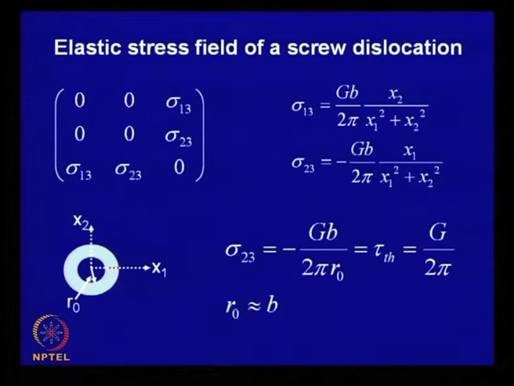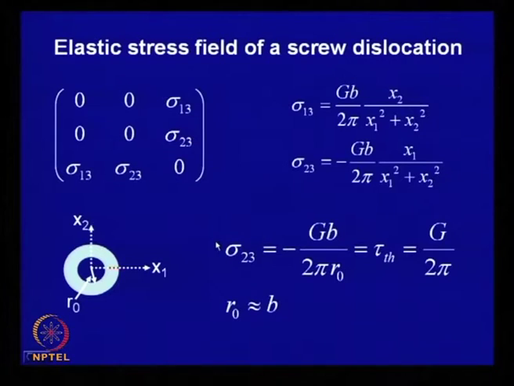So, this gives you the state of stress around a screw dislocation. All these components are 0, and if you add these, 1/3 of this is called the hydrostatic stress field, which means that here the hydrostatic stress field is 0.